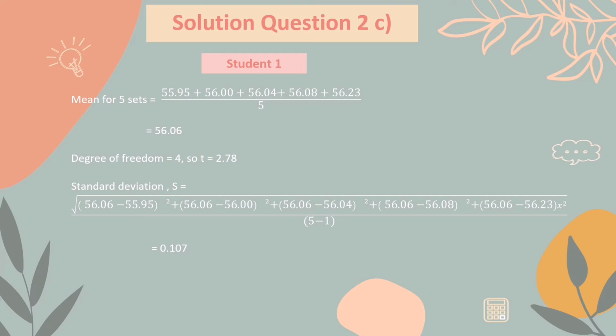For standard deviation, we use the square root of 56.06 minus 55.95 squared plus 56.06 minus 56 squared plus 56.06 minus 56.04 squared plus 56.06 minus 56.08 squared plus 56.06 minus 56.23 squared, divided by 4, which gives the value 0.17.